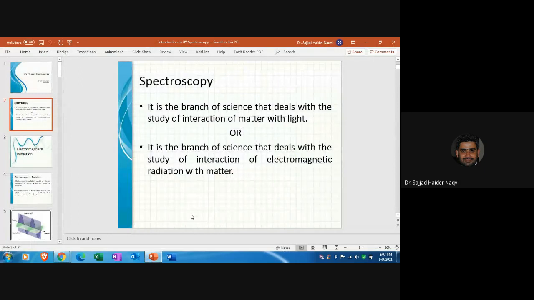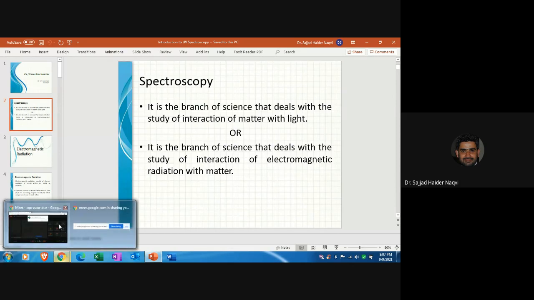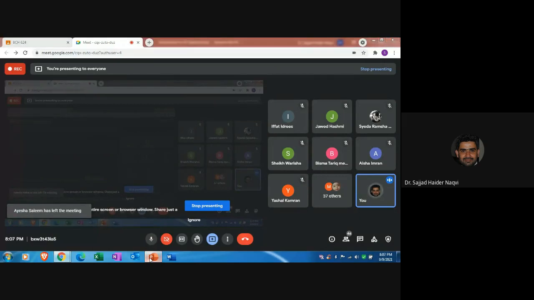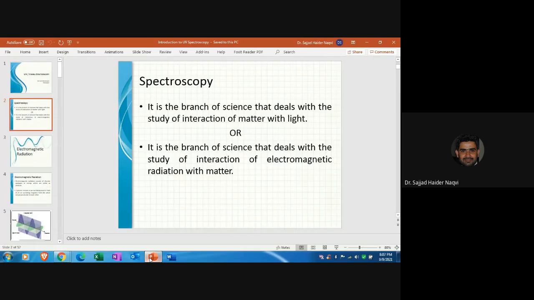So, spectroscopy is actually the branch of science that deals with the study of the interaction of matter with light. So, we have light of specific values, specific wavelength, and how that light interacts with a material object. That's all about the basics of spectroscopy.